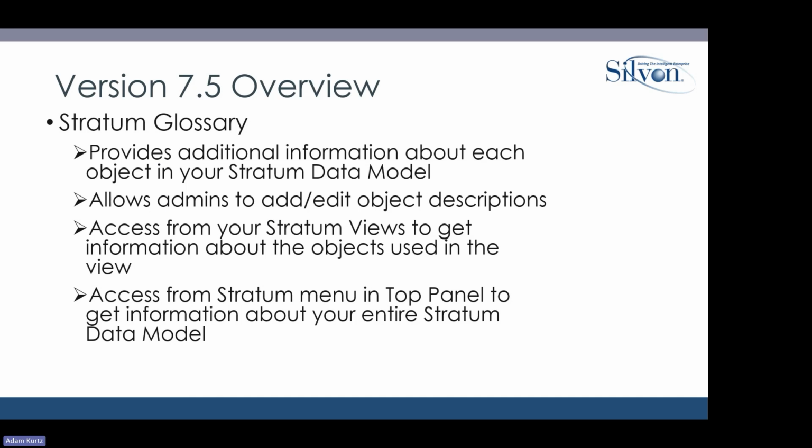Typically, this is an administrative feature or function. So you'll have your view administrators set this up, and then you can again access your Stratum views to get information about that view and what's in it. The Stratum Glossary can also be accessed in the top panel menu, where you can actually go in and look at the glossary for the entire Stratum data model.